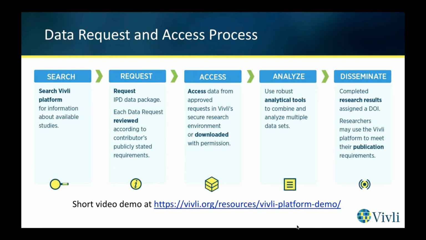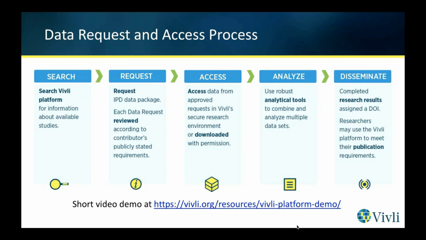This is a message that we heard loud and clear from clinical trialists. They say, if I'm running a clinical trial and I'm accountable and I need to register, why isn't that the case for people who reuse my data? Why do we not have that traceability and accountability? Perhaps this is new to our culture, but Vivli's putting in the citation and other support for establishing accountability for everyone, for primary researchers as well as secondary researchers.